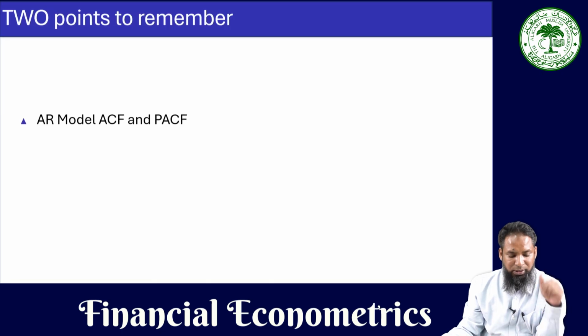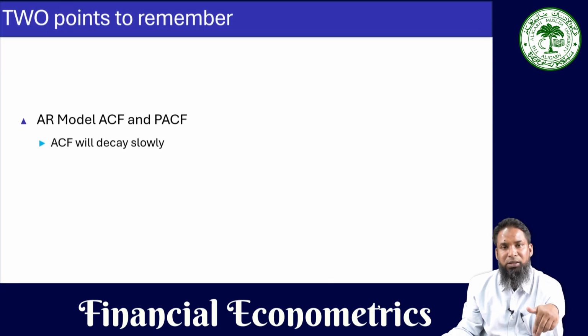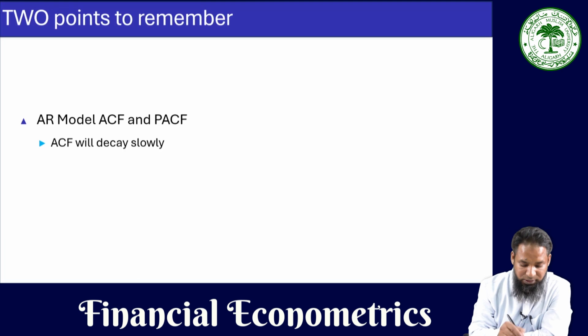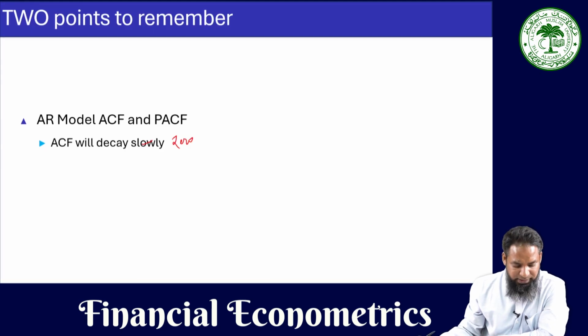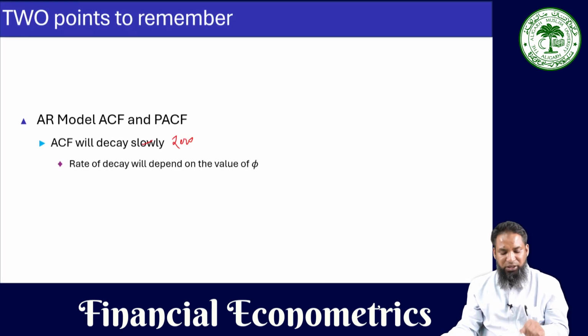From this discussion, we can note 2 points regarding the relationship of the autocorrelation function and partial autocorrelation function with the AR process. First, the autocorrelation function will decay slowly towards 0, and the rate of decay will depend on the value of phi.